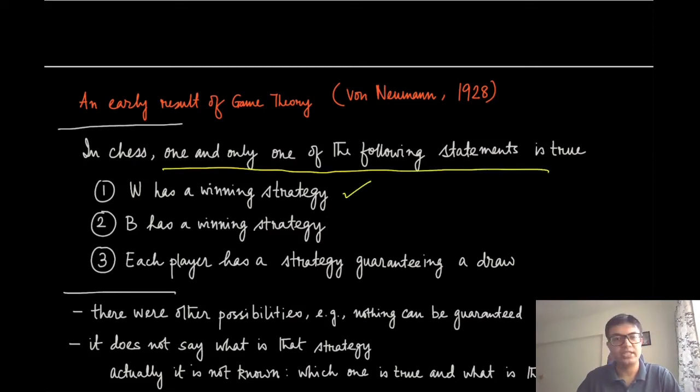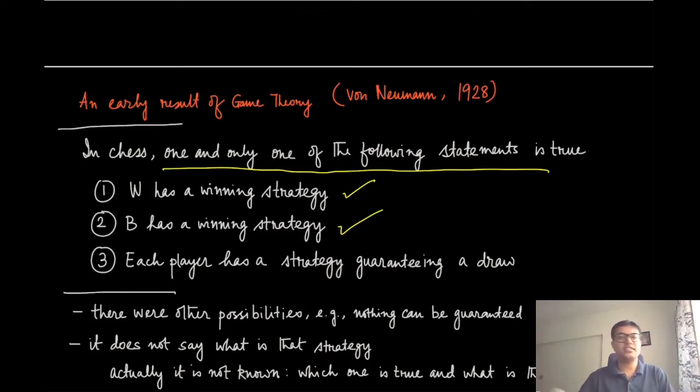Either W has a winning strategy, or black has a winning strategy, or each player has a strategy guaranteeing at least a draw. So it says that exactly one of these 3 things is possible, and that 4th option that we mentioned in the beginning, that maybe none of this is true, is not true. So exactly one of these things will be possible.